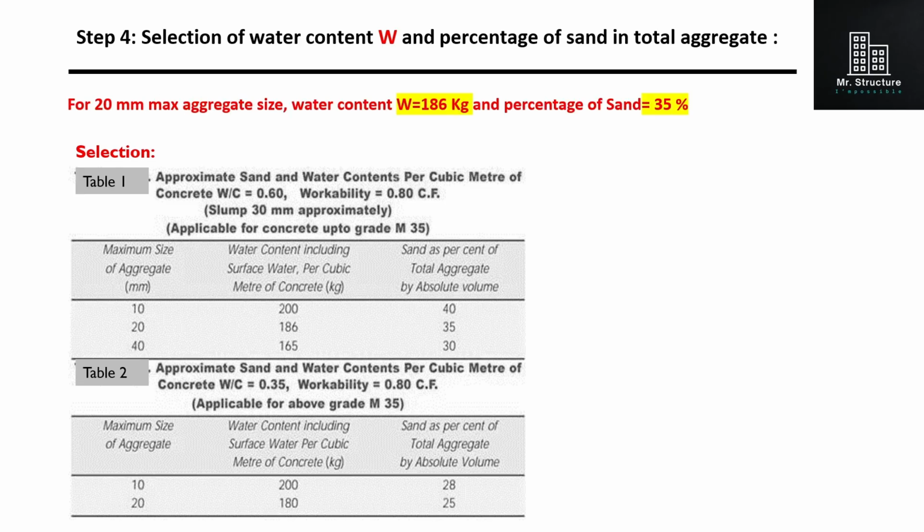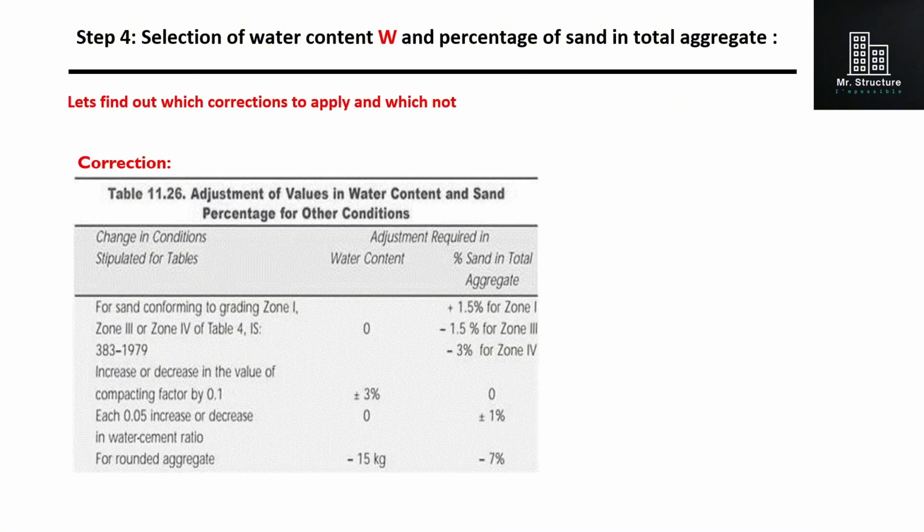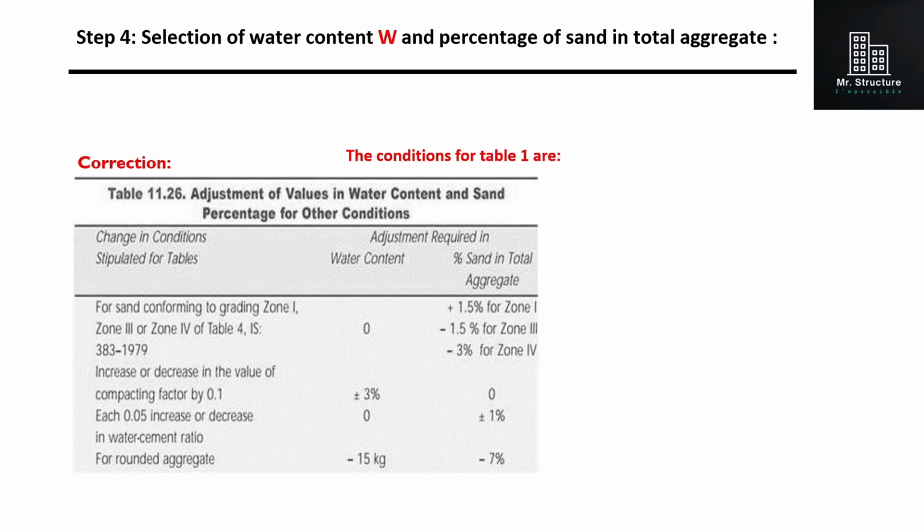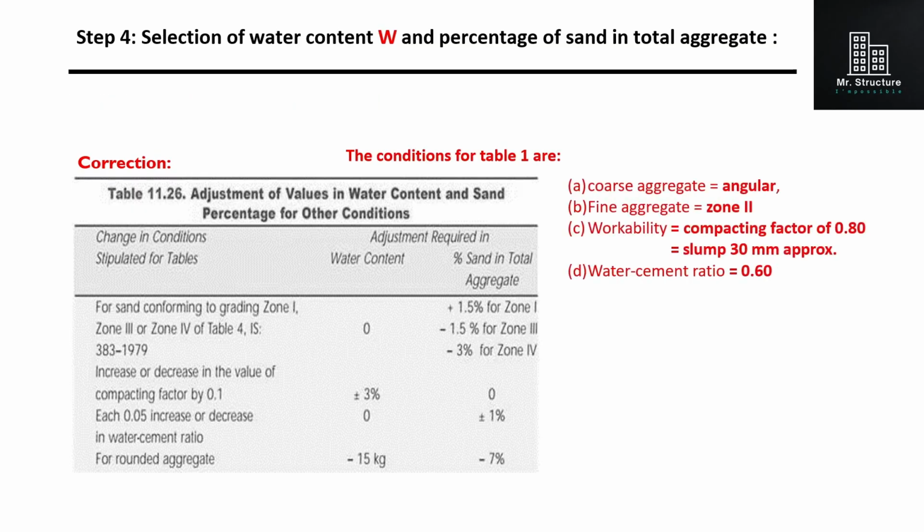For 20 mm maximum aggregate size, we can see the water content is equal to 186 kg and percentage of sand is equal to 35%. Let's find out which corrections to apply and which not. The conditions for table 1 can be seen on the screen.